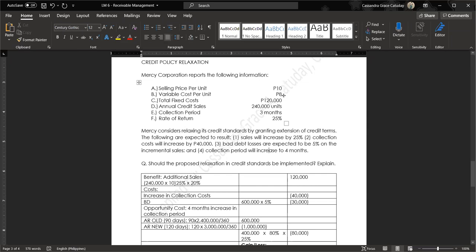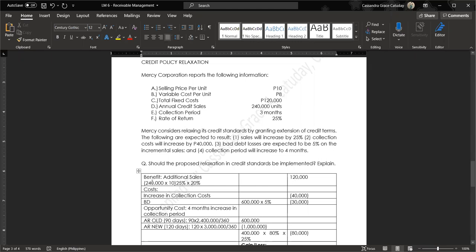So 2 is the contribution margin. 2 divided by 10, how much? 0.2, or 20%. So we multiply it by 20% because we are after the profit, or the contribution margin.